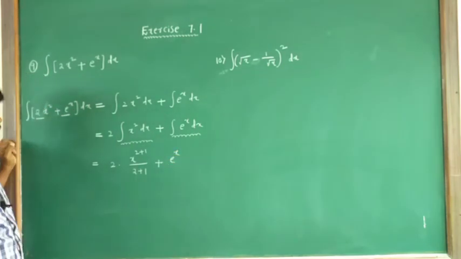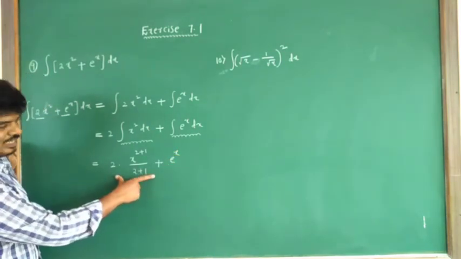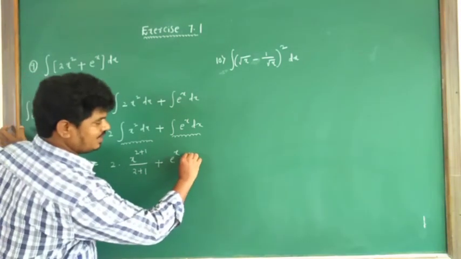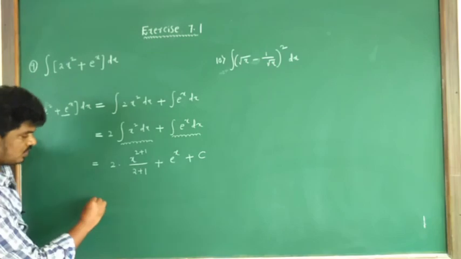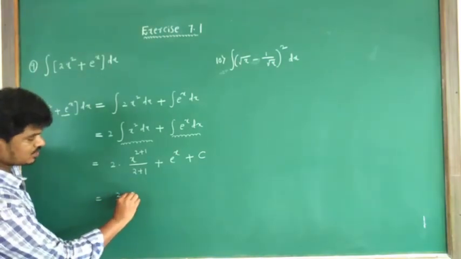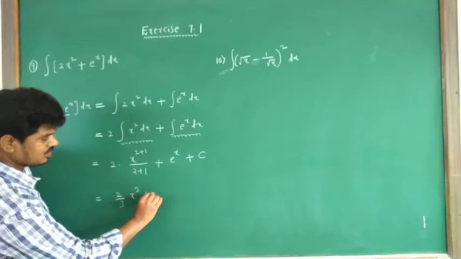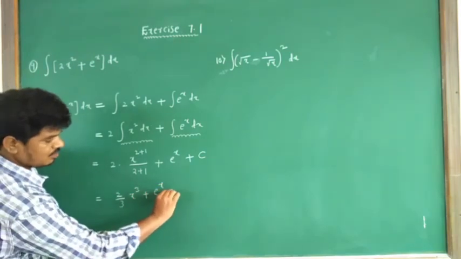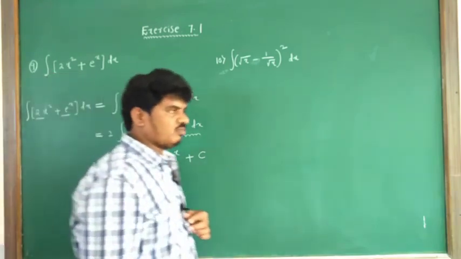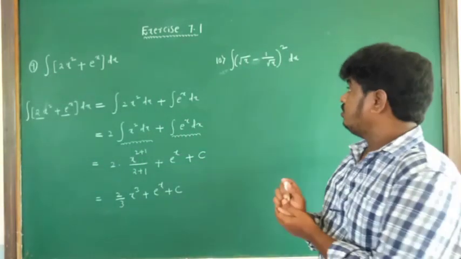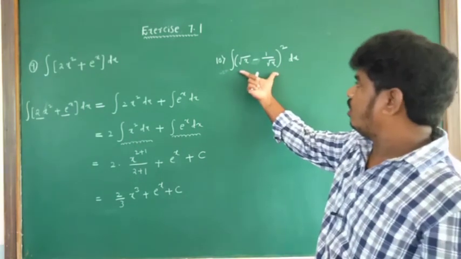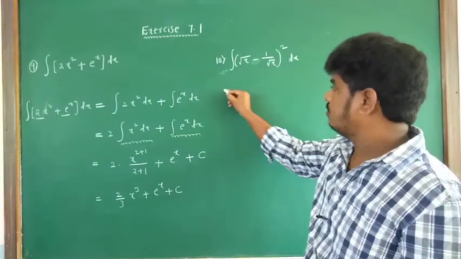Already I said that there is no need to take plus c separately for these two. One constant c is enough for both. So final answer, that is 2 by 3 into x cube plus e to the power of x plus c. Next, come to the 10th one. What is the integral of root x minus 1 by root x whole square?